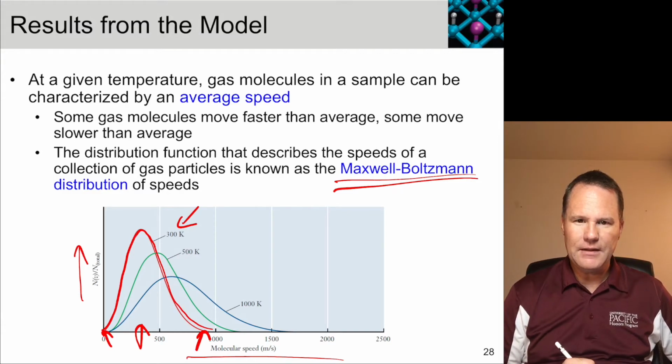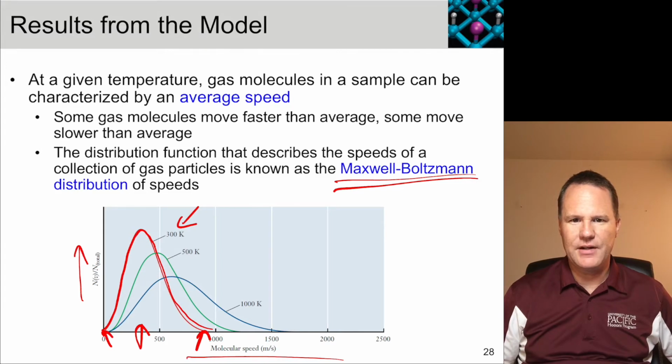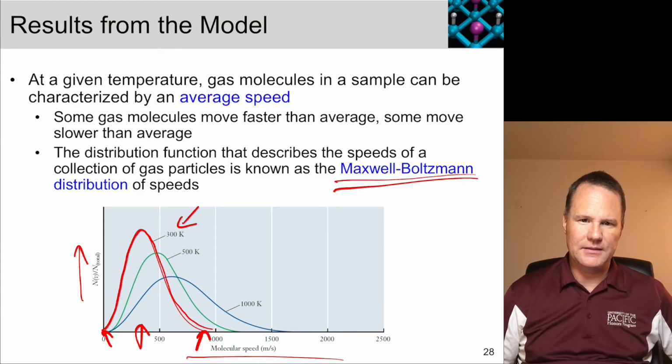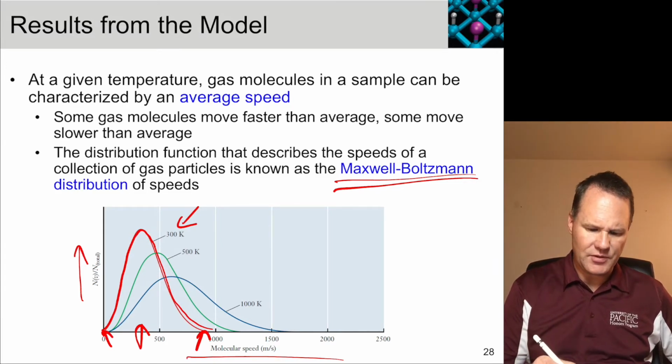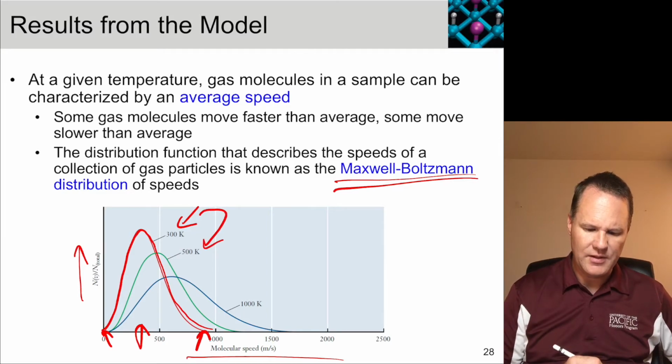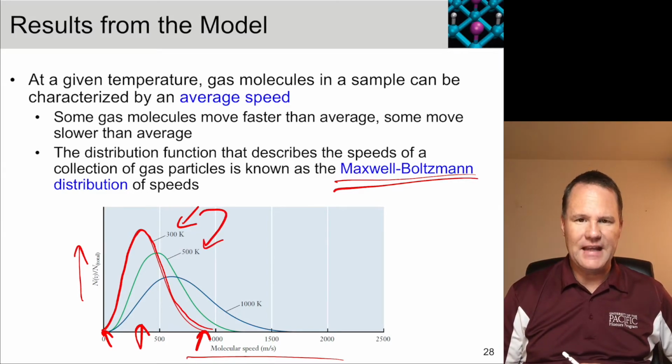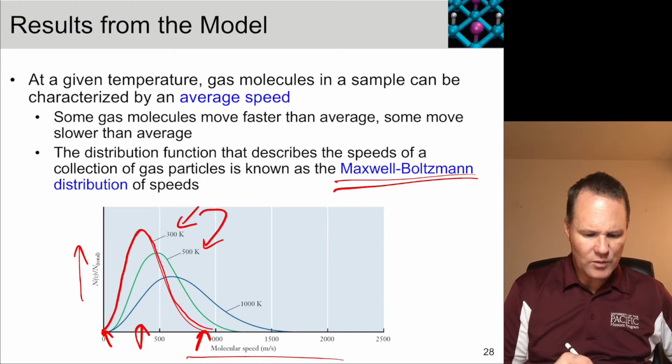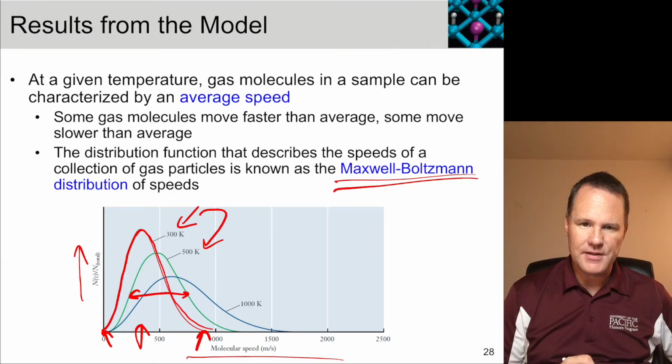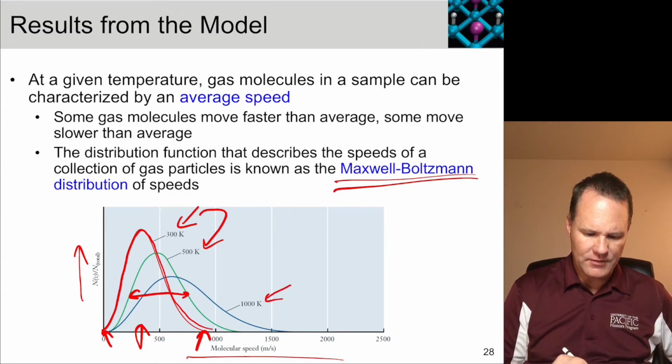And when we increase the temperature, remember I told you that the temperature is a measure of the average kinetic energy. And so what this means, if I increase the temperature, so go from 300 kelvins to 500 kelvins, then the average kinetic energy will increase. But not just that, but also the width of the distribution increases. And you can see that even better in 1000 kelvins.